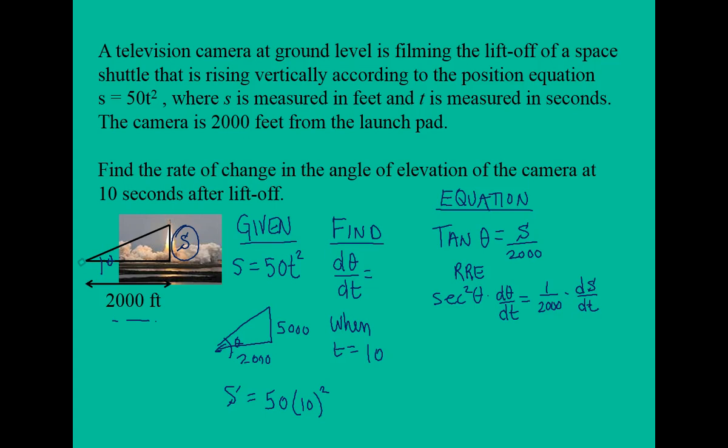All right, now we should be able to find the hypotenuse of this triangle. So for the hypotenuse, we would have 2,000 squared plus 5,000 squared. And let me find my calculator here. 2,000 squared, we get 4 million.